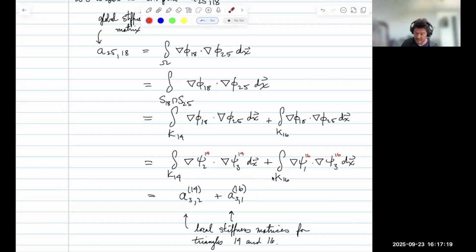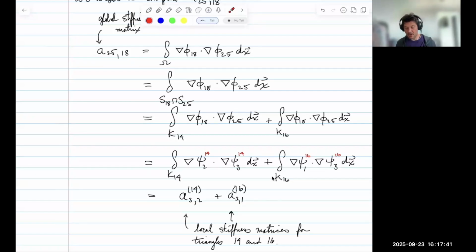A3214. And this guy is exactly equal to that integral. It's A3116, A3116. So both of these entries come from the local stiffness matrix. They add together to calculate the global entry A2518.